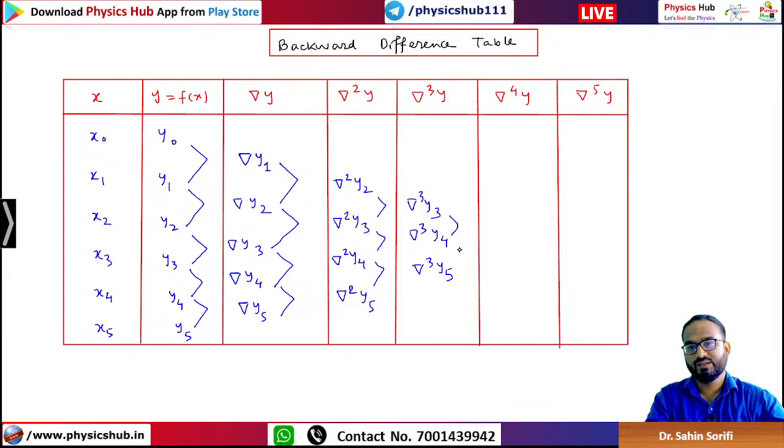Let me know if I make any mistake. I am doing it very carefully. In your examination also, these things are very simple, but you need to keep them accurate. Otherwise, you may get negative marking in part C, which is quite dangerous. In your examination, part A, part B, part C are there.